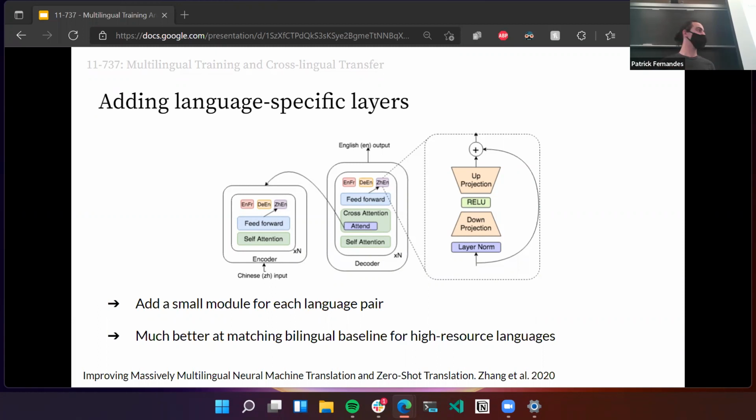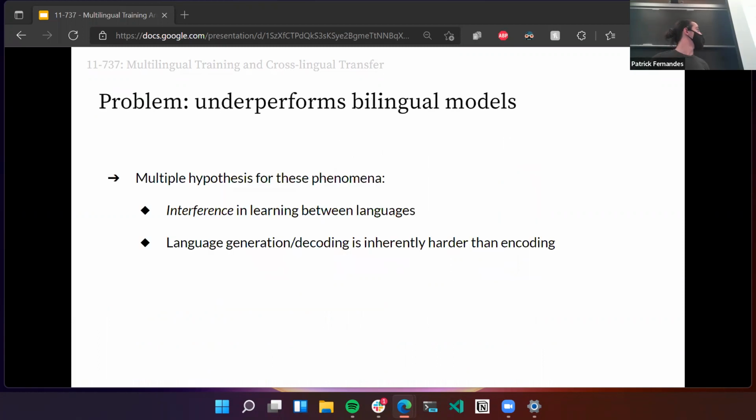And again, this is a hypothesis, but the results seem to show that when you add adapters, the models are much better at matching bilingual baselines. So it seems that the hypothesis might be somewhat true. So yeah, this is a cool approach if you're trying to do low resource adaptation of general pre-trained models. It's quite hot right now.